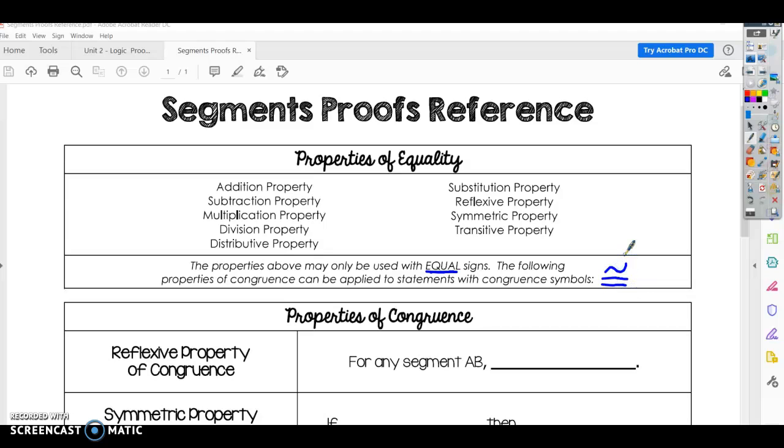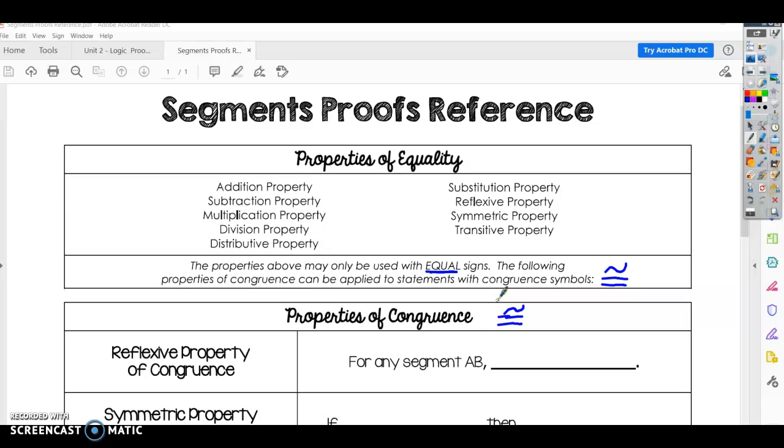So it looks like that. So properties of congruence, again, it's just an equal sign with a squiggly line above it. All right, so let's look at a few of these and see how the properties of equality can apply here.